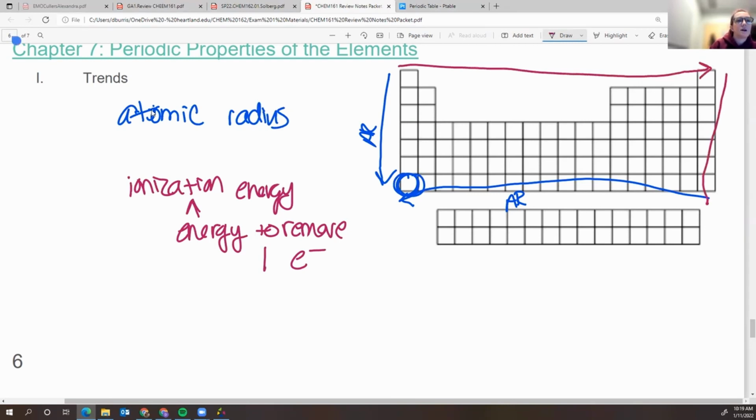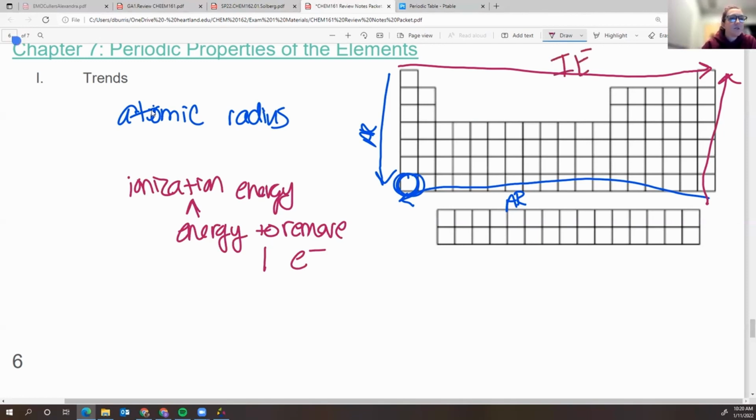Because based on Coulomb's law, the smaller something is, so the closer the protons are to the electrons, it's more difficult to remove an electron because there's more attraction.